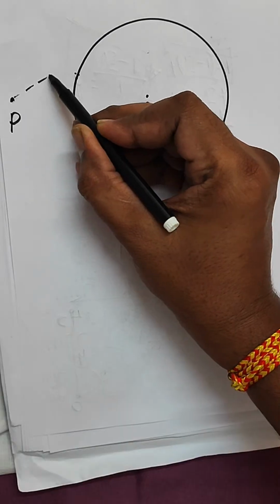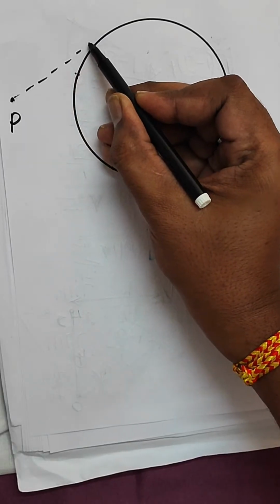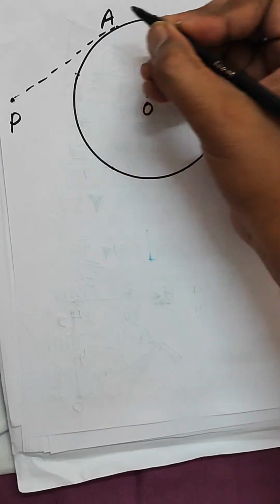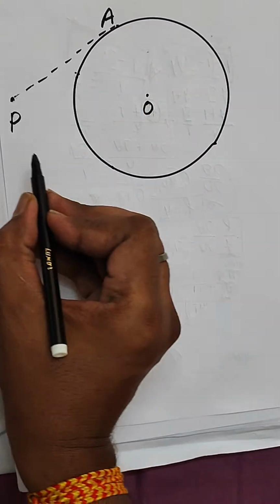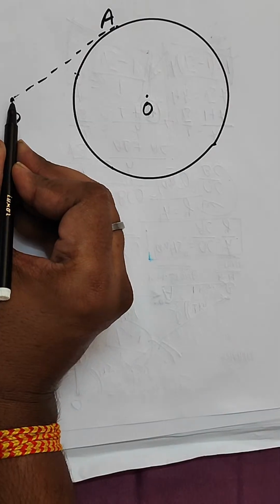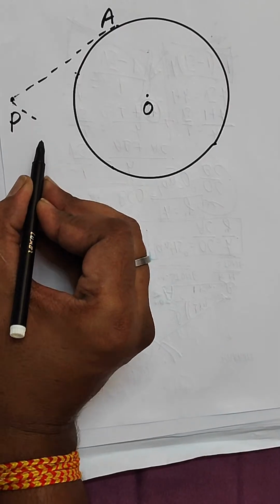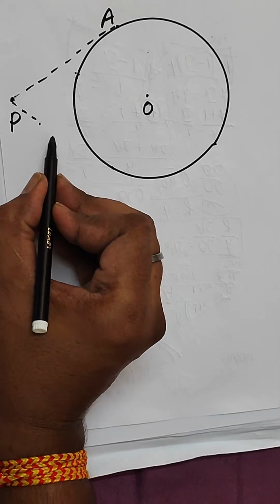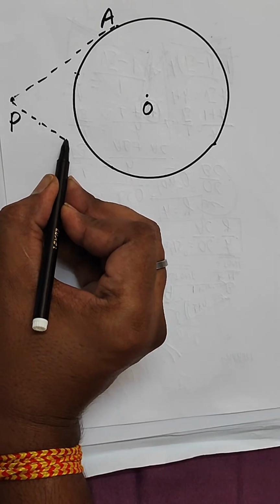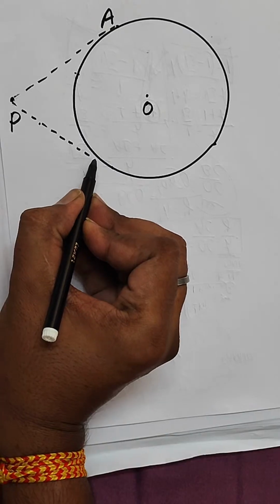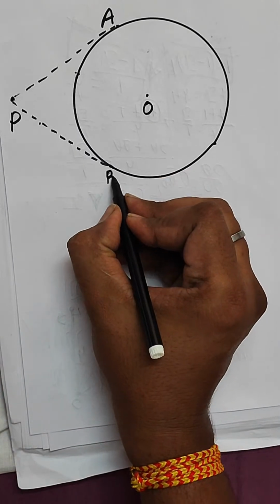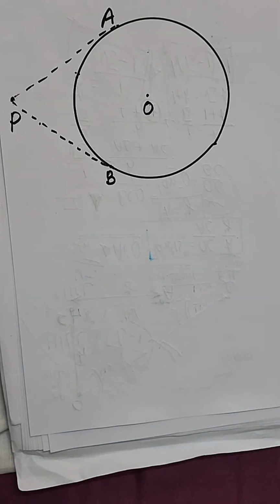Let's say these are the two tangents: this is PA, and this is PB.